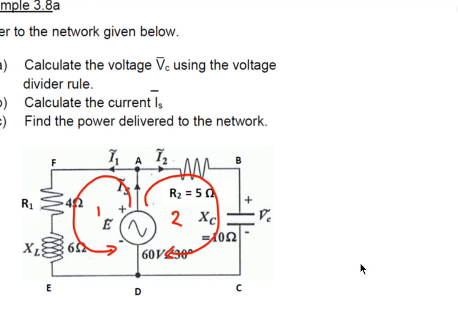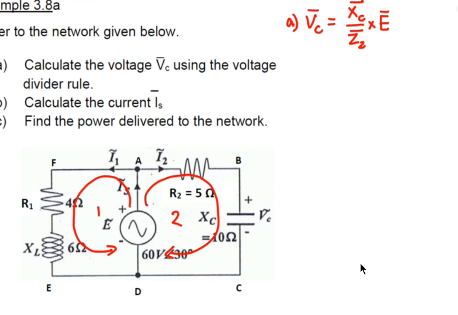So looking at loop 2 and using the voltage divider rule, we can write the formula VC is equal to the impedance XC over the total impedance along the loop 2 path, which we call Z2, multiplied by the source voltage E. So this is based on the voltage divider rule.